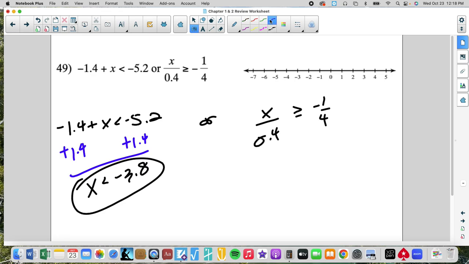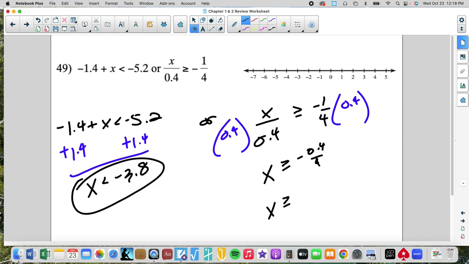And we're going to multiply by 0.4, 0.4. That gives me x is greater than or equal to negative 0.4 over 4, which is x is greater than or equal to negative 4 over 40, which is x is greater than or equal to negative 1/10.